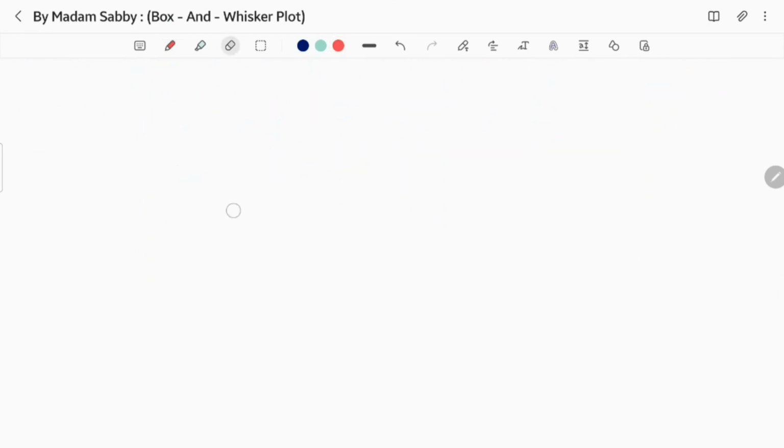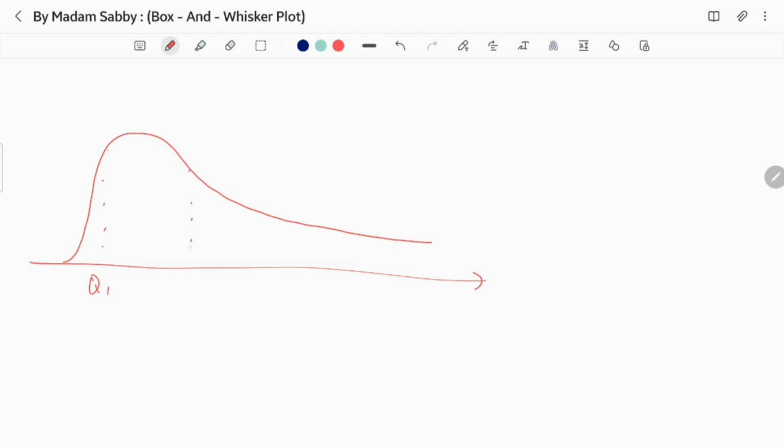The types of distribution that we have. The first one, if you can see, we have a larger range, and the largest side of this data lies on the right side. The difference between Q2 and Q3, delta 2, and the difference between Q2 and Q1, delta 1.